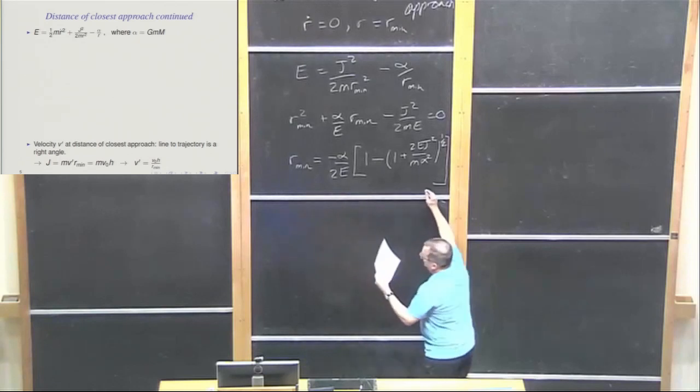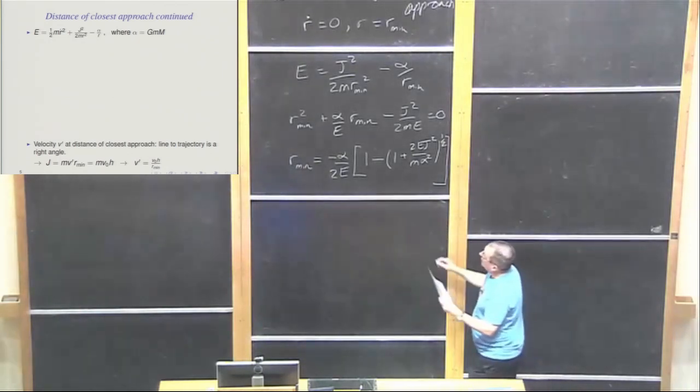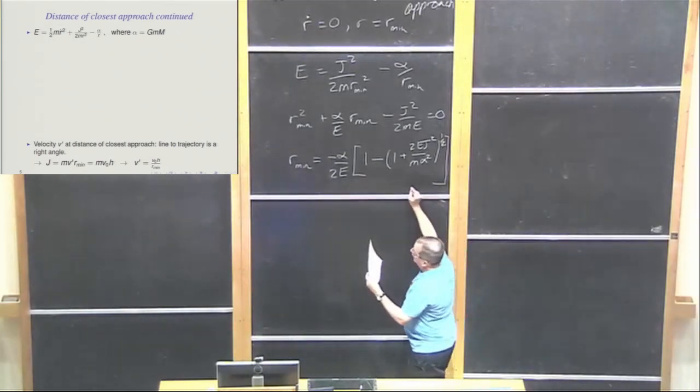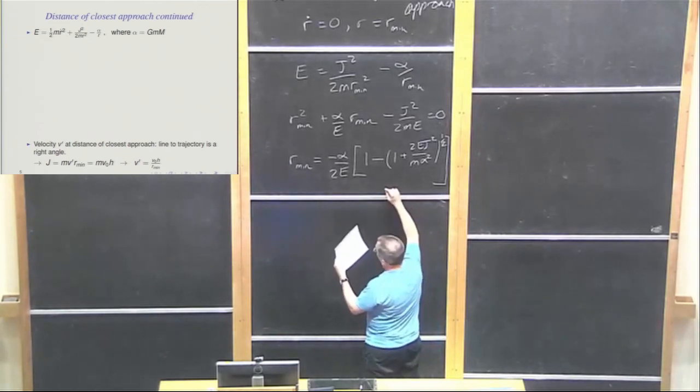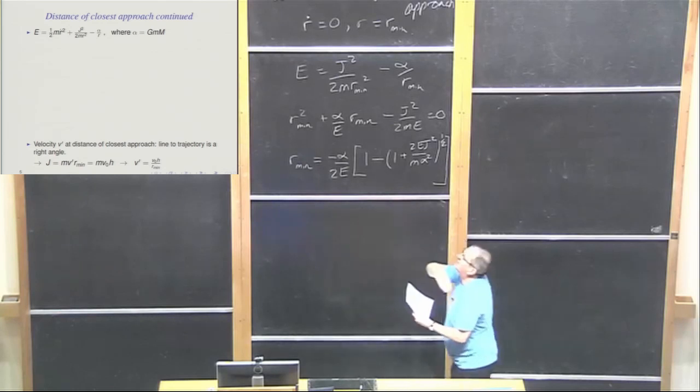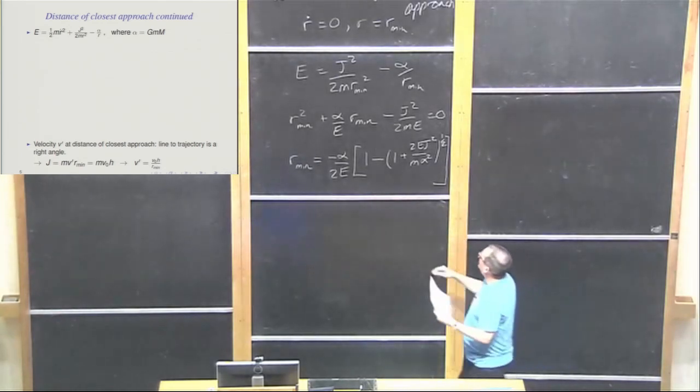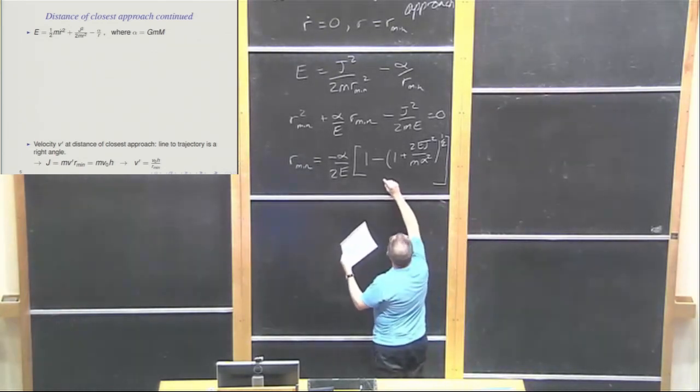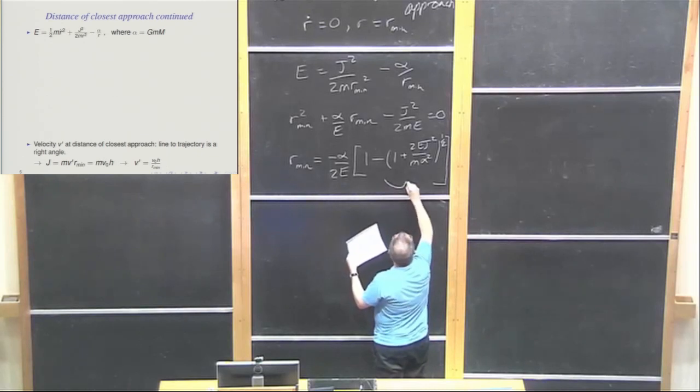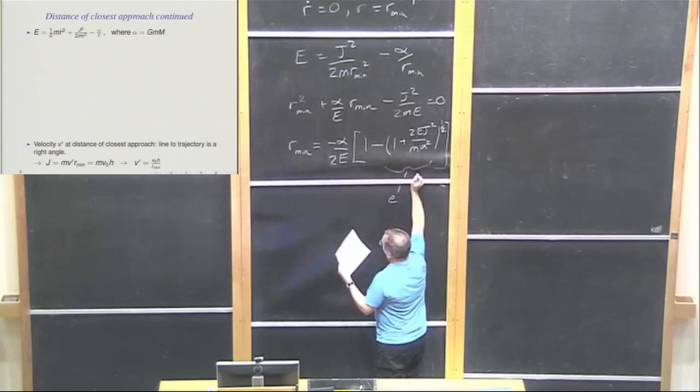By comparing this with the expression for what we had before for the ellipse, but it was more general than that, it was just for a generic conic section, we can put this equivalent to the eccentricity.